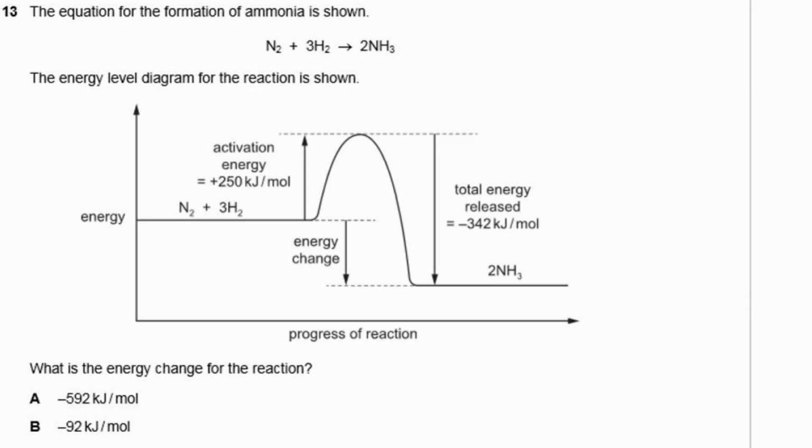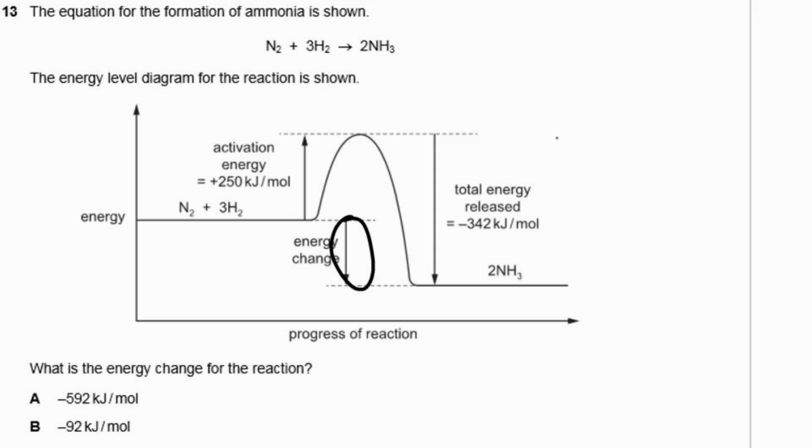The equation for the formation of ammonia is shown. Okay, so the energy level diagram for the reaction is shown. So we start off with N2 plus 3H2. We take a certain amount of activation energy, and then there is energy released, and we need to find what is the energy change for this reaction. Basically we have to take the energy that we started off with, and the energy change is this bit here.